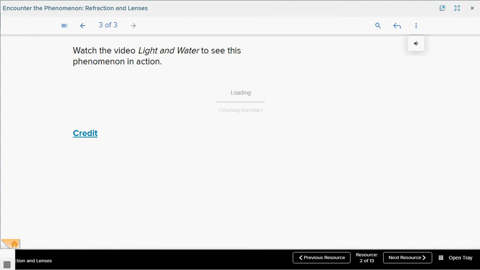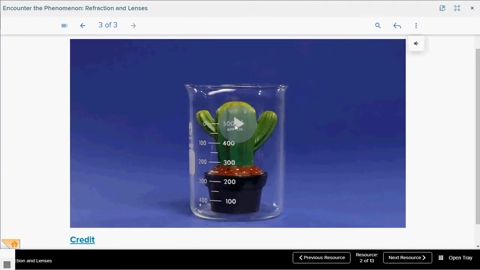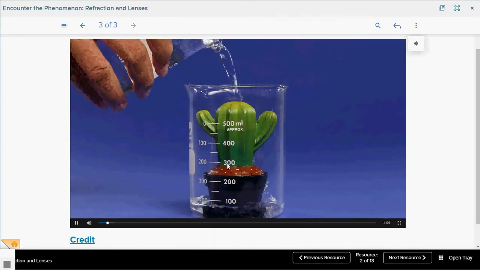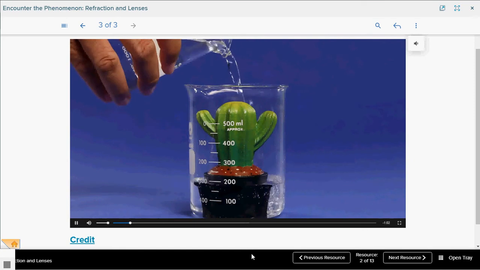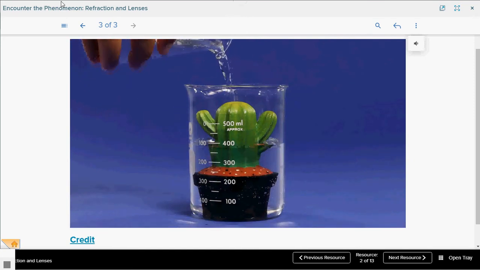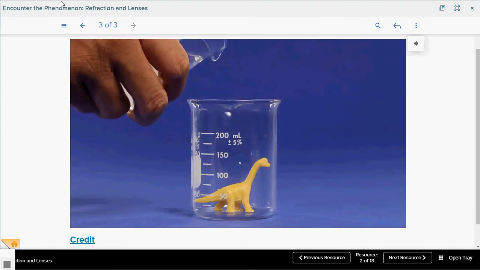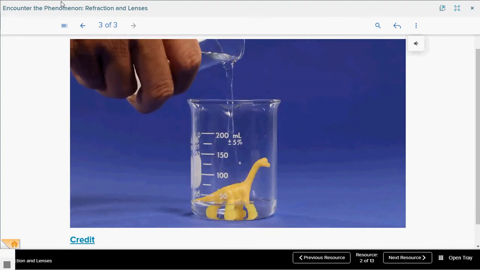After watching this video, observe what happens when bodies are found inside the water. Observe what happened to this plant by adding water to it in this beaker. And this animal, observe its shape, what happens to it.